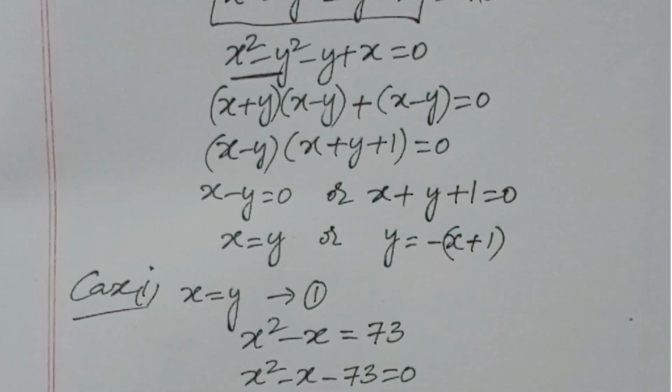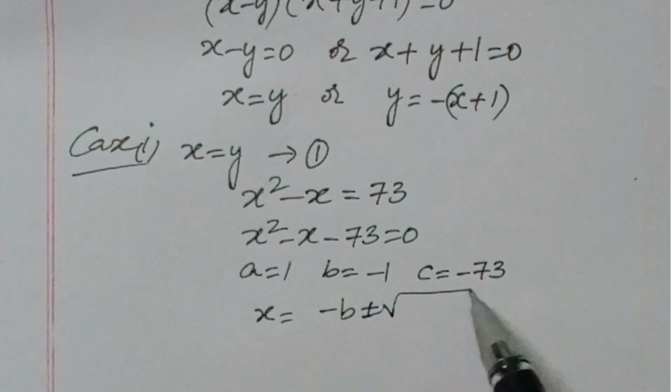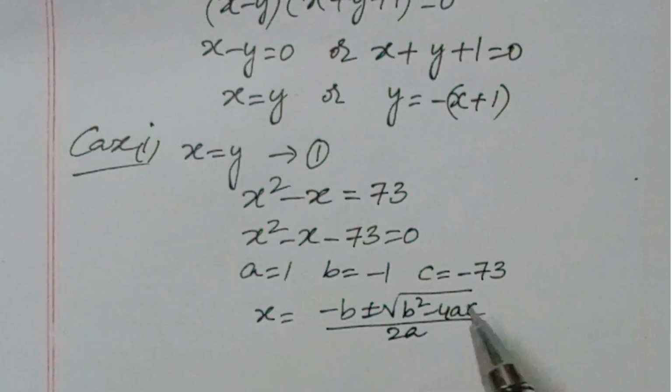By quadratic formula, we use minus b plus or minus root of b square minus 4ac by 2a.